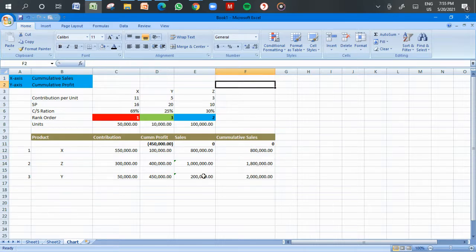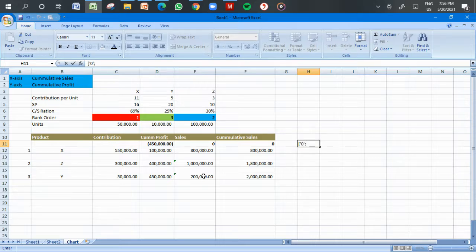So now we have our coordinates, because we say on the x-axis we have cumulative sales, and on the y-axis we have the cumulative profit. So our coordinates will look like something like this. The first coordinate: we start with the x-axis, and on the x-axis we have accumulated sales, so it will be 0.